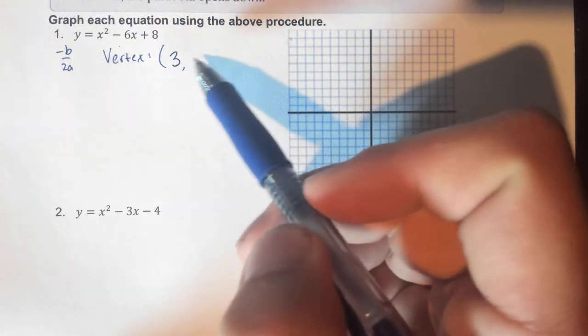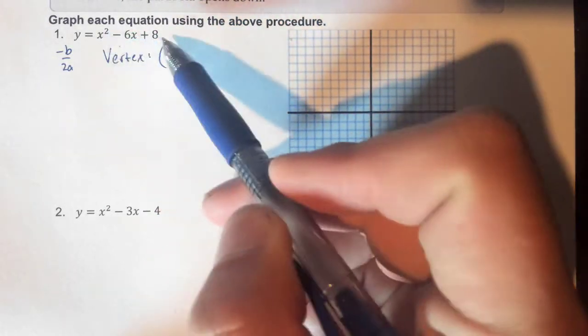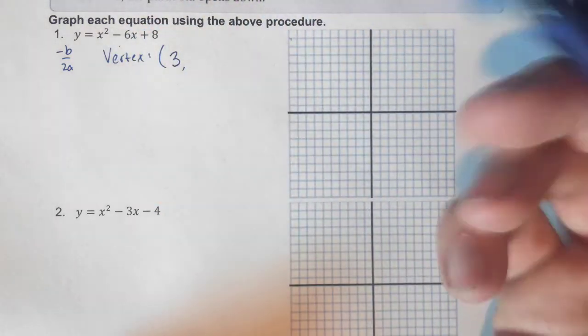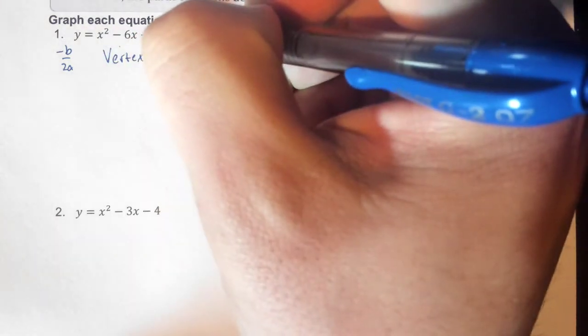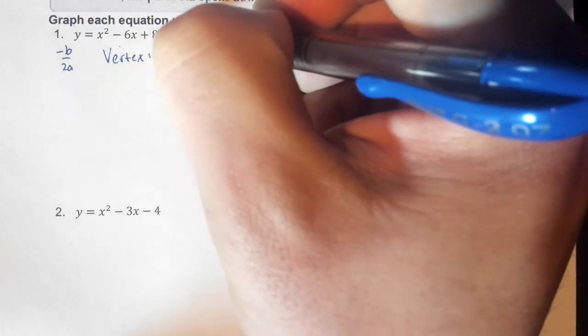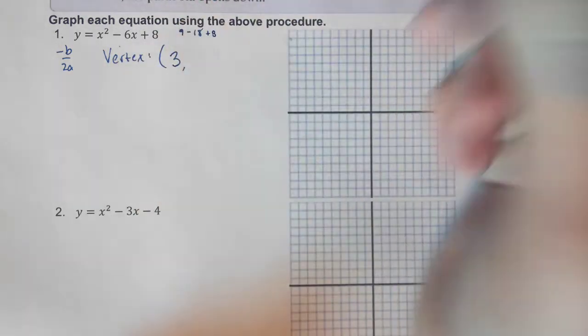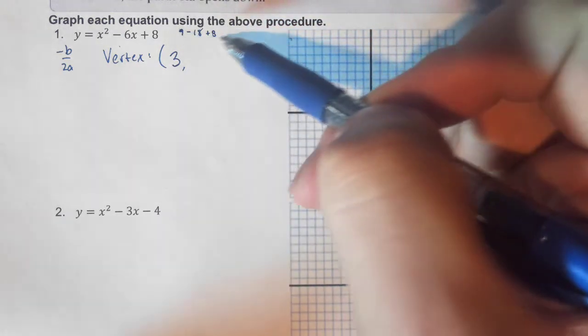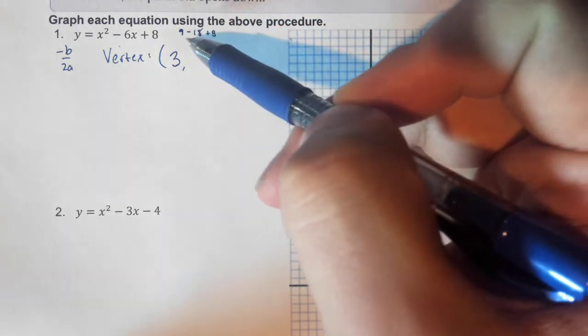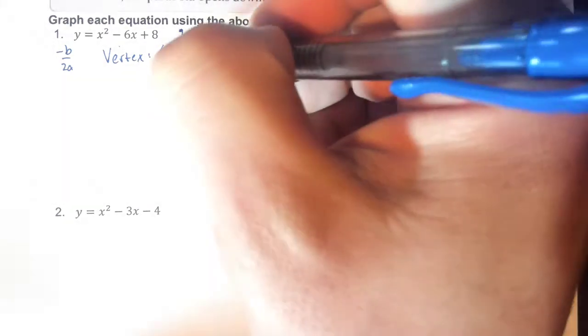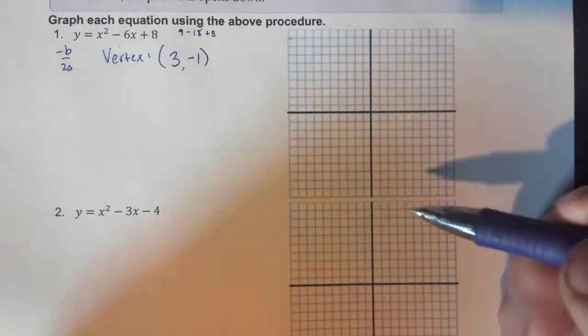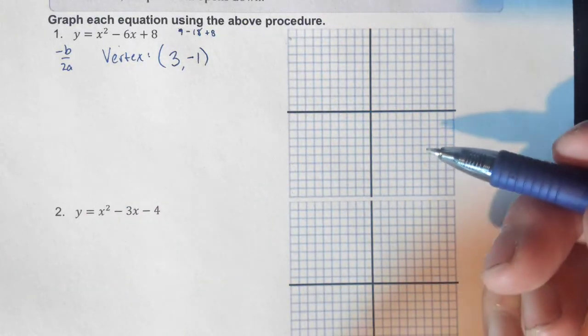To find the y part of my vertex, we're going to have to plug that x into the equation. So that would be 3 squared would be 9, minus 3 times 6 is 18, plus 8. I hope you follow along with that. So 9 plus 8 is 17, 17 minus 18 is negative 1. So my vertex is at 3, negative 1.